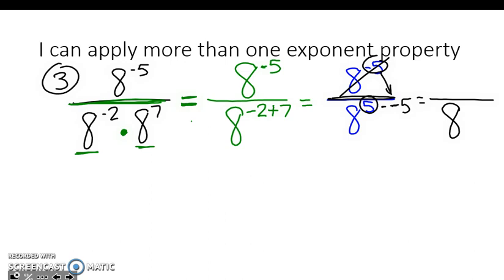So I get 8 to the 10th, and since there's nothing on the top now, I have to hold it with a placeholder of 1. Remember, guys, if the 1 is on the top, you cannot just take it away, okay? There's no negatives and there's no 0 power, so we're done with this problem.